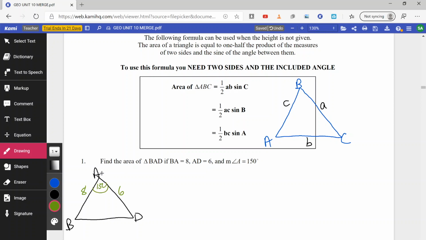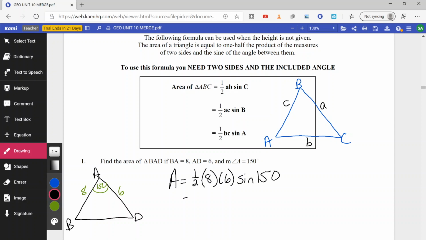We can use our above formula, 1/2 times BA times AD times the sine of the angle. Again, angle A is included between the two sides, so we can use the formula. So area is equal to 1/2 times 8 times 6 times the sine of 150.